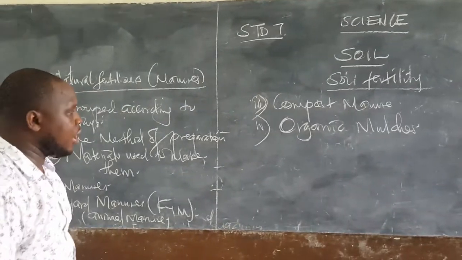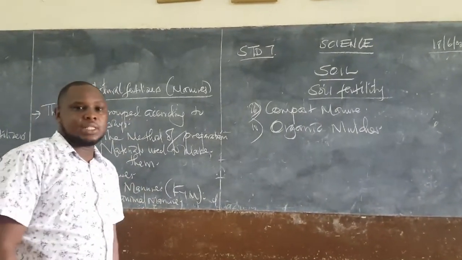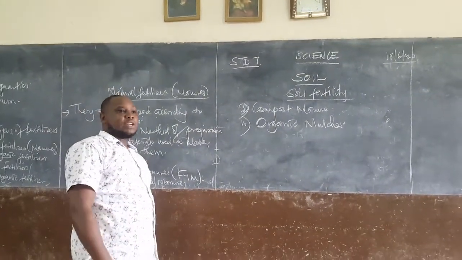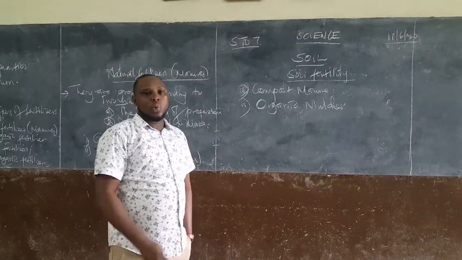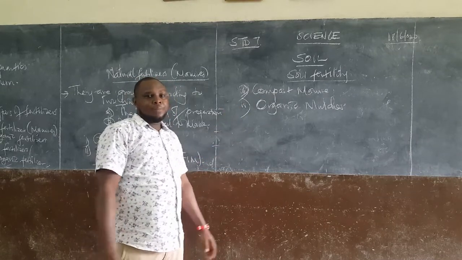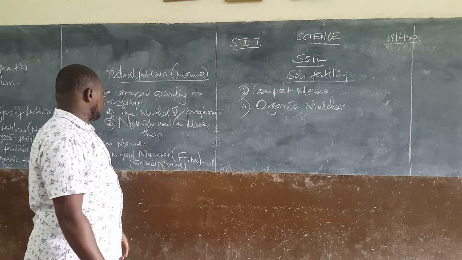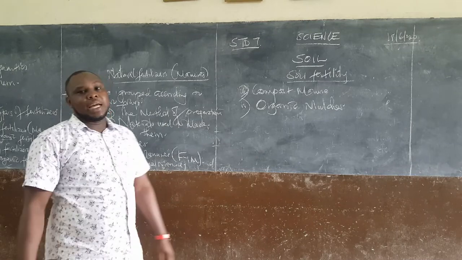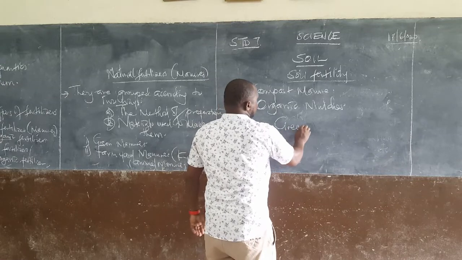So these are the four categories of natural fertilizers. And natural fertilizers are majorly made at our homes, on the farm where we live. We are going to discuss the first one for today, that is green manure. So we'll see what green manure is.